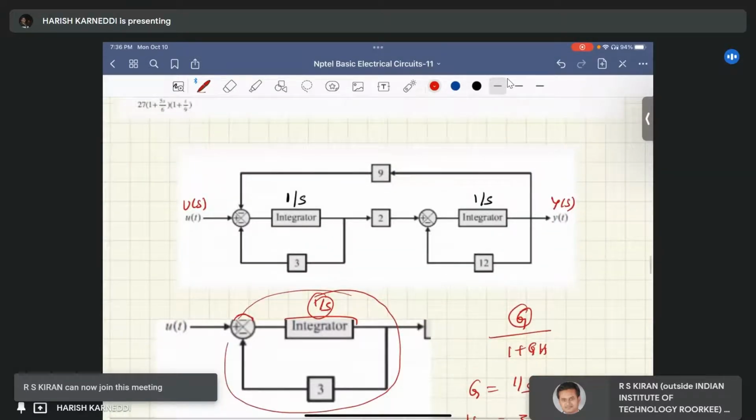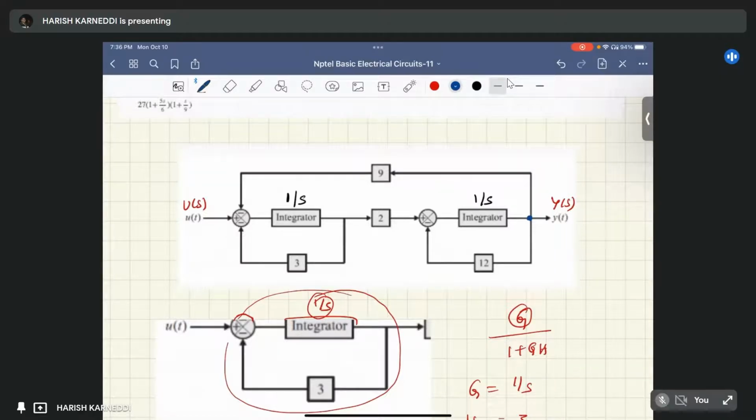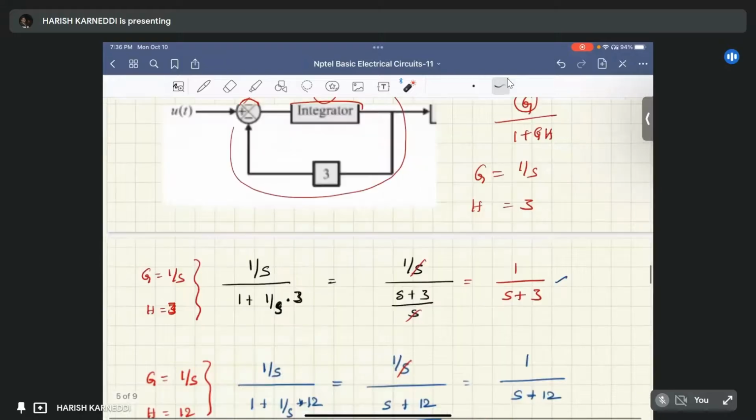So we reached up to this point. So from this point to the input side, there is one feedback path which is having a gain of 9, that is feedback gain 9, and here it is a negative sign, it is a negative feedback path.